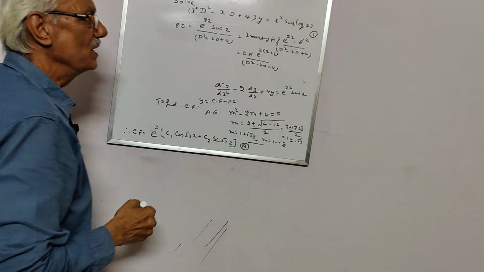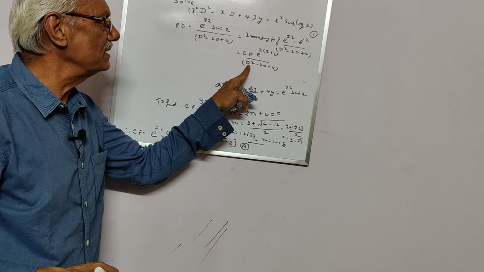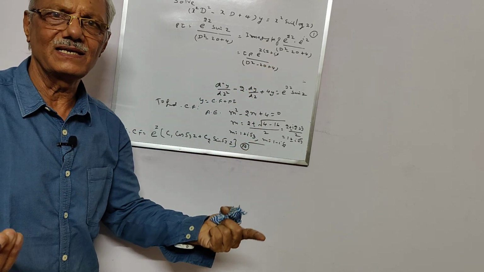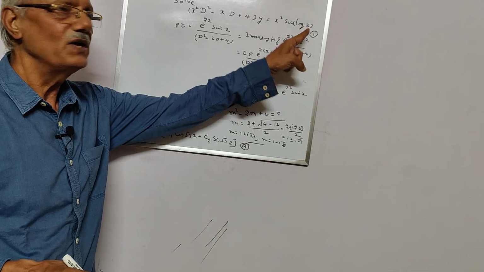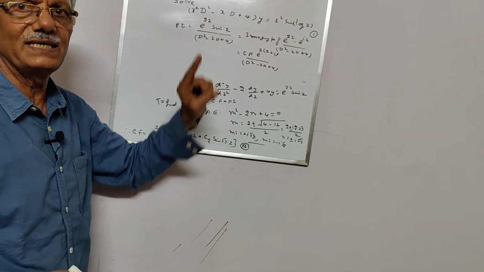So you see that now if you want to integrate this, simply substitute 2 plus i in the place of d and get the answer. It is very simple. That is why we are using the imaginary part of e to the power of iz, which will give you sin z.